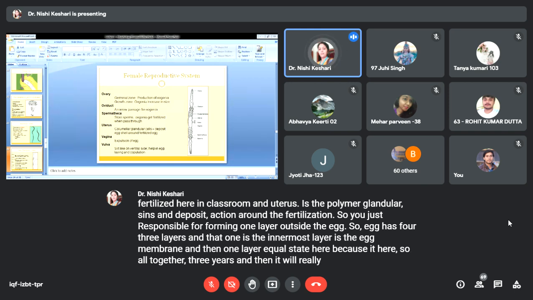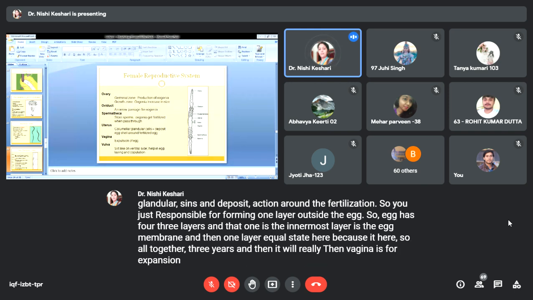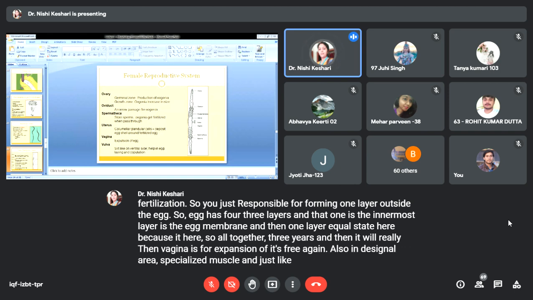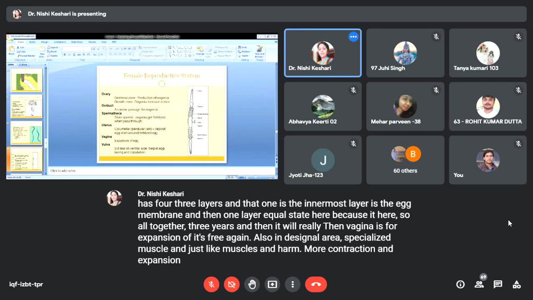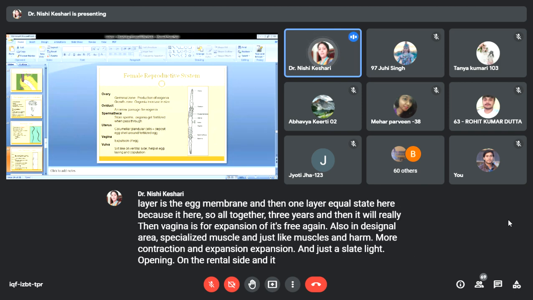Then the vagina is for expansion of eggs. Also in the vaginal area, specialized muscle cells are found for contraction and expansion. The vulva is just a slit-like opening on the ventral side, and it helps in egg laying and copulation.